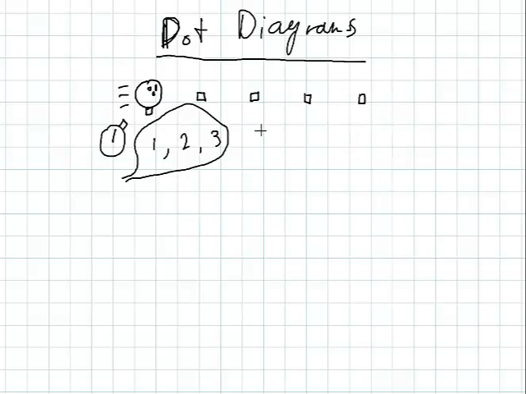And so using this idea, instead of using the sugar packets, we just represent these with dots, and what we end up with is a representation that looks something like this.